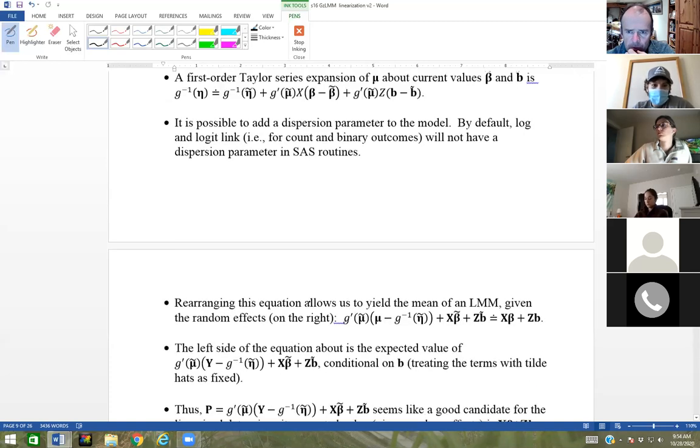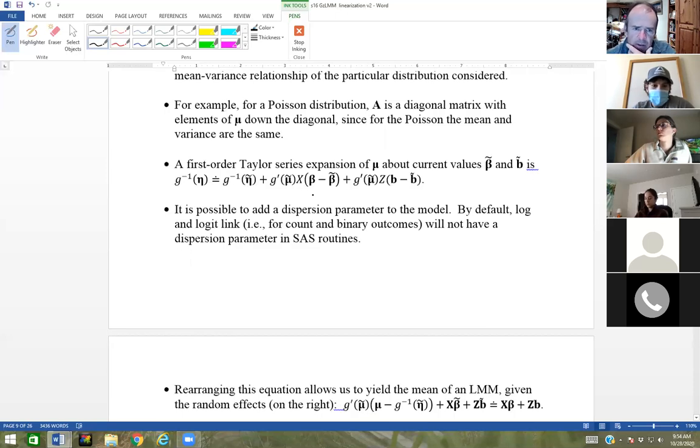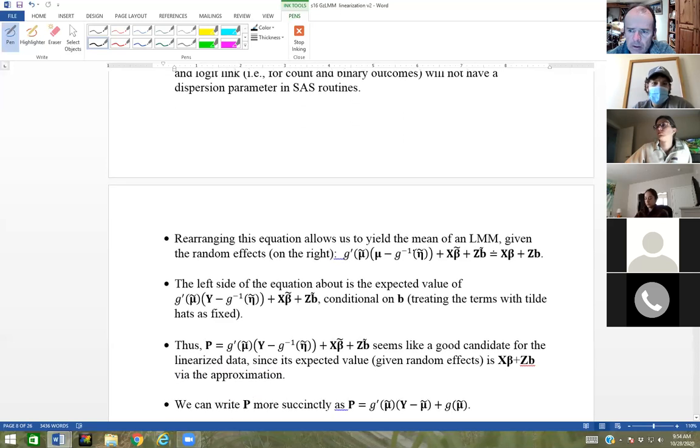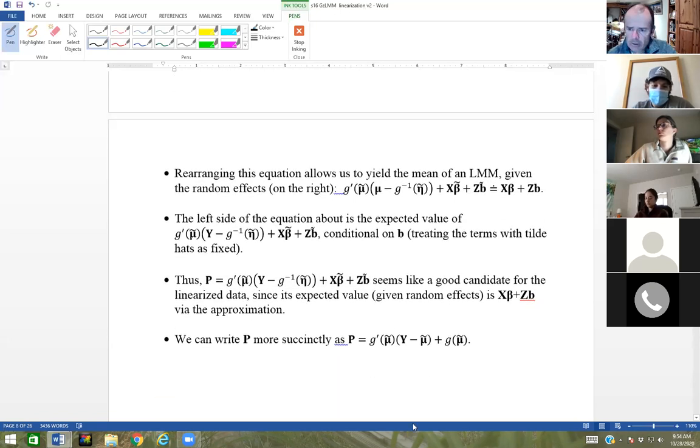This Taylor series expansion just gives us an expression for the relationship, and we use this expression to figure out ultimately what the relationship is between the original data and this new pseudo data. That's the model that we use based on the Taylor series expansion. Okay. But then yes, your reiteration is based on the beta tilde and the b tilde, correct?